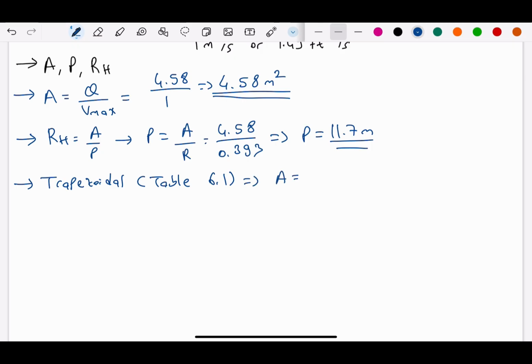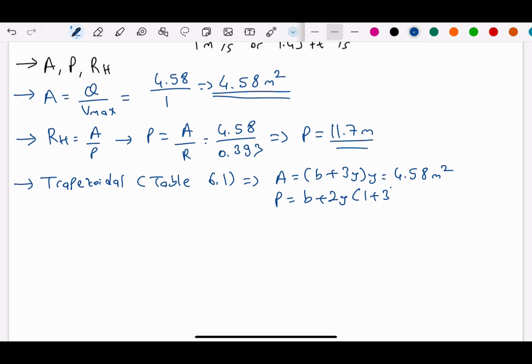So the area is (b plus my), or m is 3, we can say 3y, times y, this is equal to 4.58, and P is equal to b plus 2y times (1 plus m square), or 3 square, to the power of 0.5, and this was 11.7 meters.